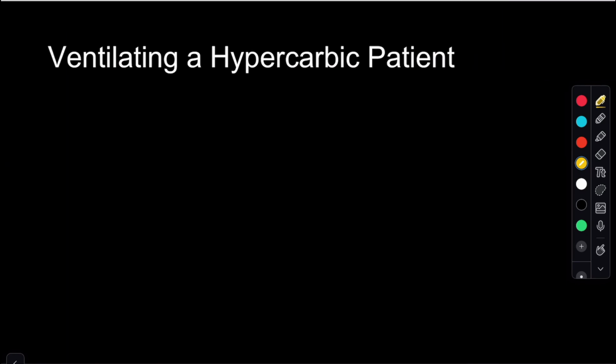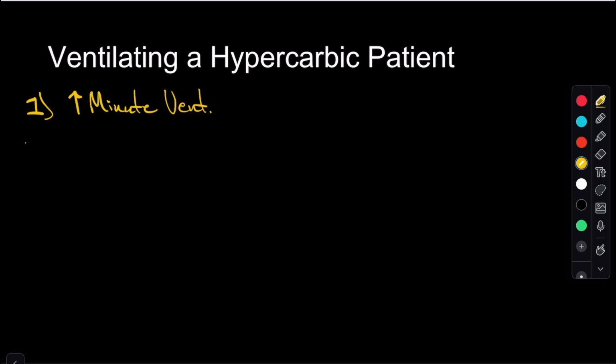So I'll list 2 or 3 ways to improve carbon dioxide elimination in a hypercarbic patient. So the first, this is probably the most common way. At least I've heard of this the most when being taught, is to increase your minute ventilation. Minute ventilation is composed of tidal volume times respiratory rate.